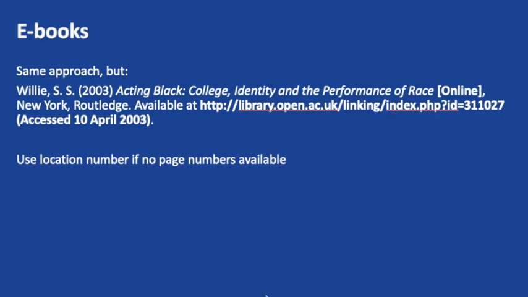So it's not going to be 157, it's more like 95,000 and something. But that's fine. What you're doing is you're pointing the reader to where you picked up your information from. So the location number instead of the page number, if that's what's necessary.